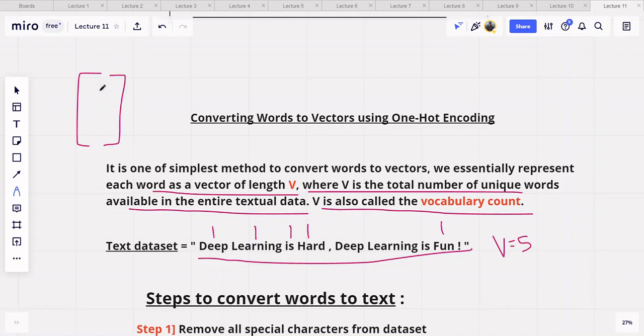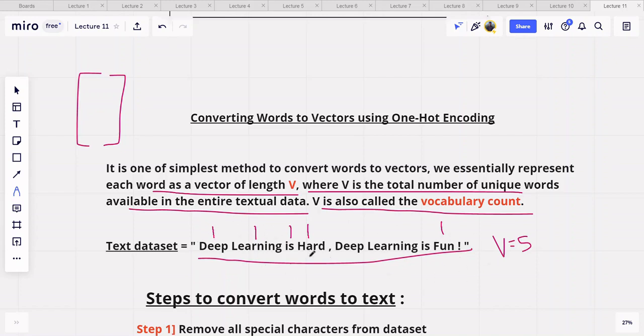Again, let's discuss this. What we are doing is trying to convert our textual data into numerical format using one-hot encoding. This is our entire data set, and we are trying to convert the words in this data set into vector format.